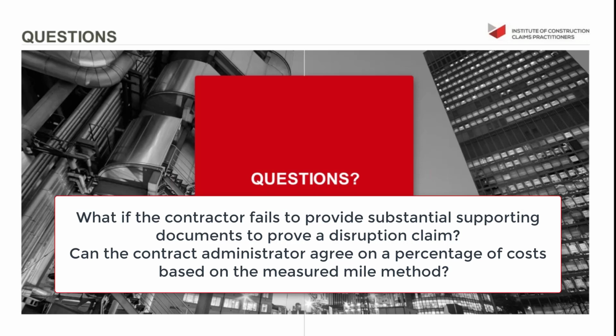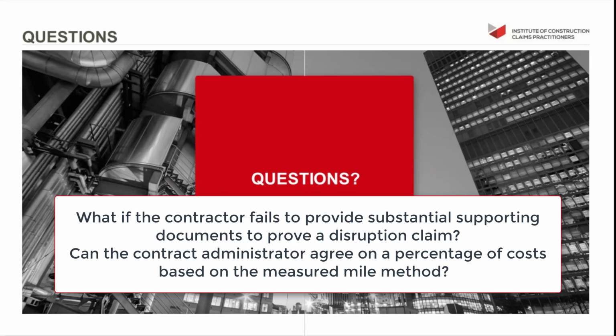In terms of a measured mile approach, I'm a big fan of that in disruption claims. And again, it all hinges on the quality of your records. If you're able to provide records that show the extent to which you were effective before the event occurred that disrupted you, and then compare that, the measured mile approach, with a period of time where you were impacted by the event, and you can show the difference for disruption, I'm a big fan of that.